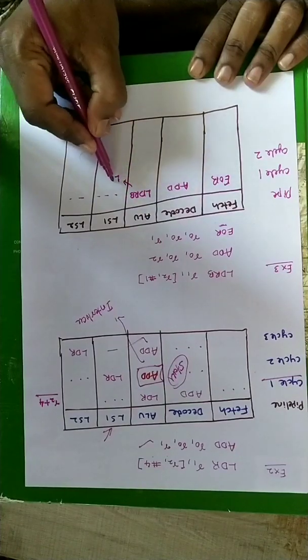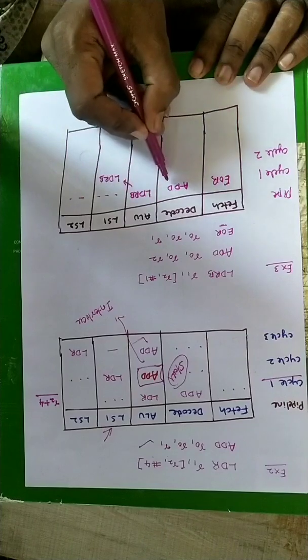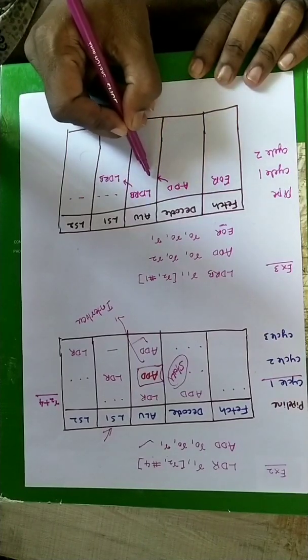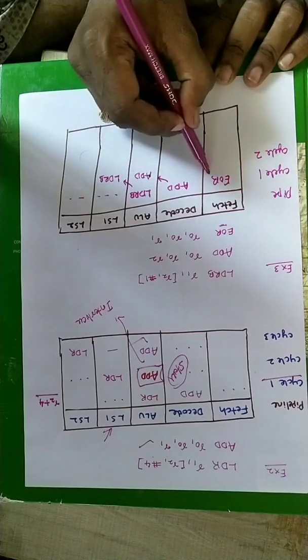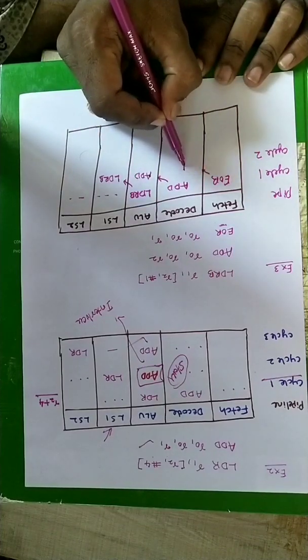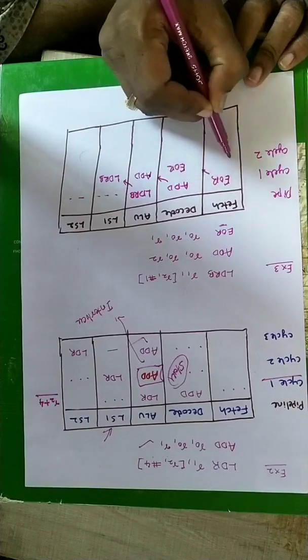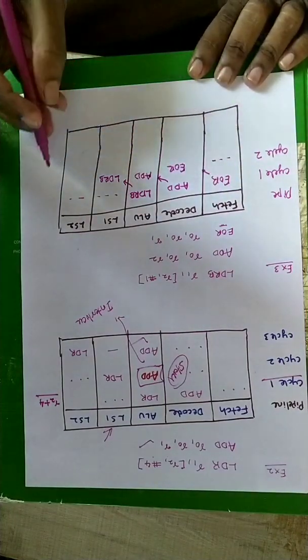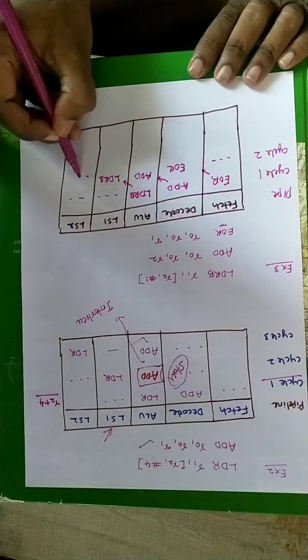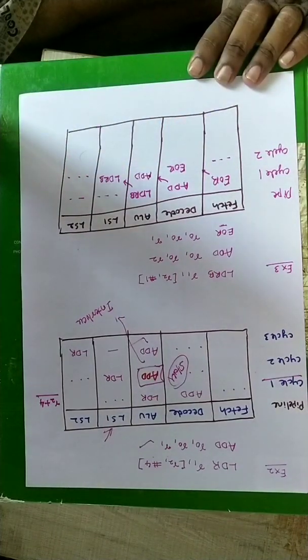The add will come to the ALU state of operation here, and then EOR will come to the decode operation. Here there is no operation, because the next instruction will not be there. So this is the second cycle operation.